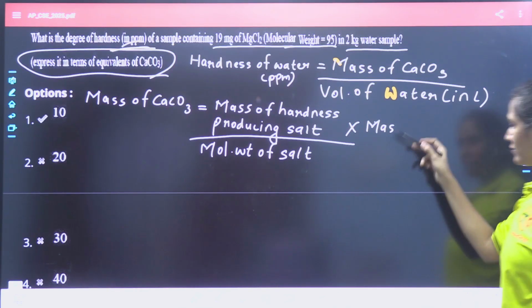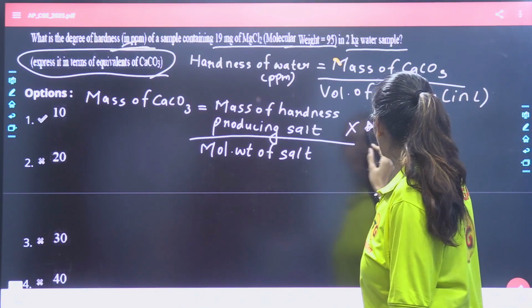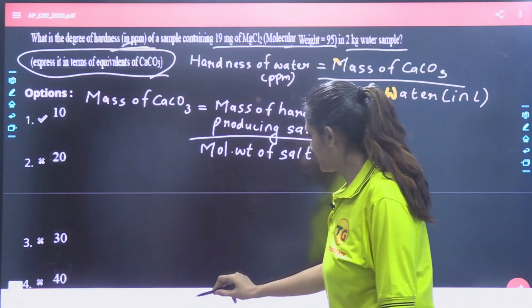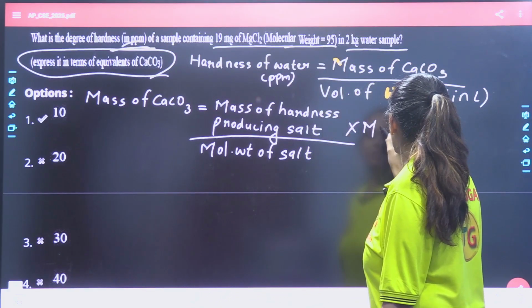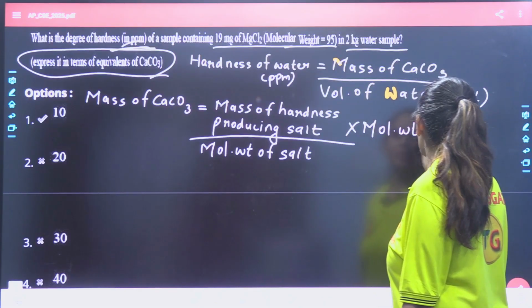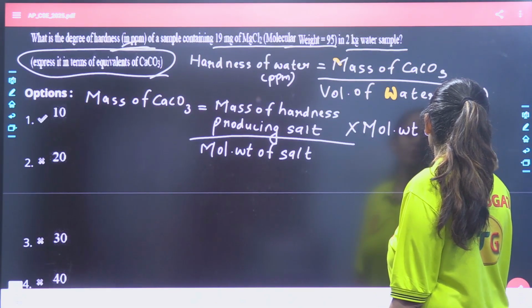Here we write not mass but molecular weight of calcium carbonate.